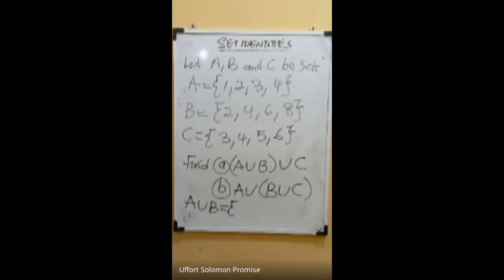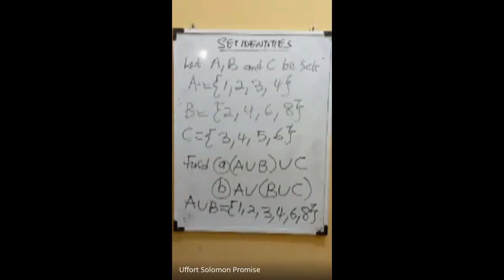Okay, Ola, let's have A union B. 1, yes. 2, yes. 3, yes. 4, 6 and 8. Awesome. So A union B is 1, 2, 3, 4, 6, 8.